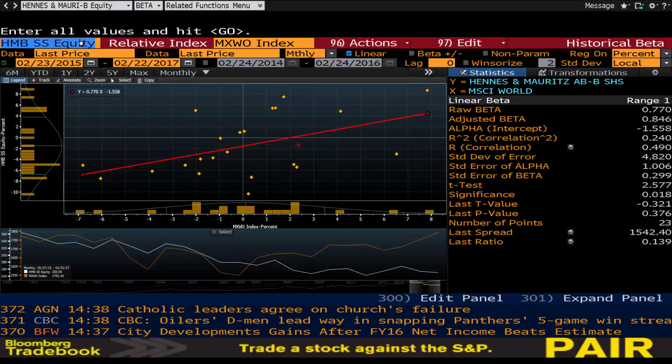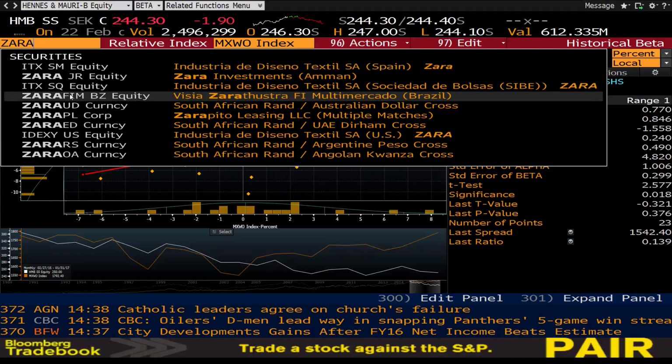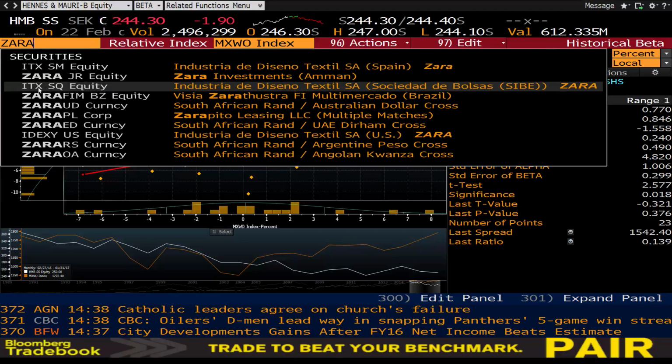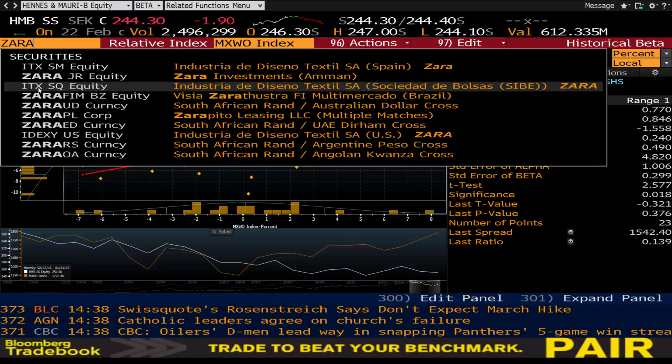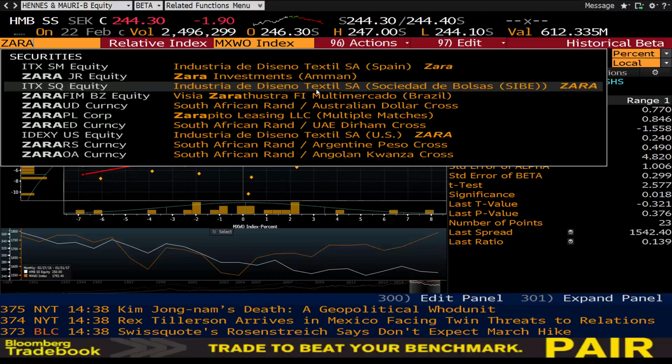So if I want to get the information about the beta for Zara, I could type in Zara in the top left. Technically speaking, I just realized that's not necessarily going to work, but we do see that it does actually work. Zara is not technically called Zara on the stock market. It's called Industria de Diseño Textil, or Inditex. It's the formal name for Zara and the corporate name.